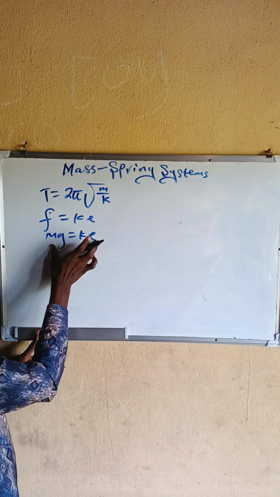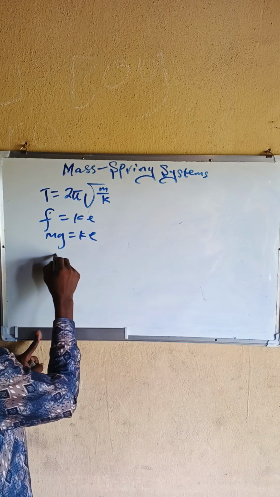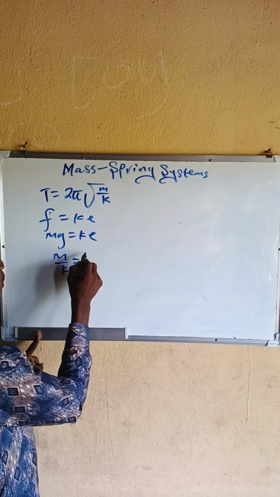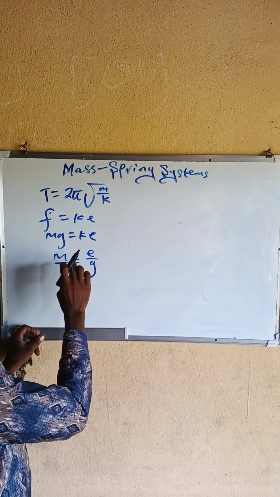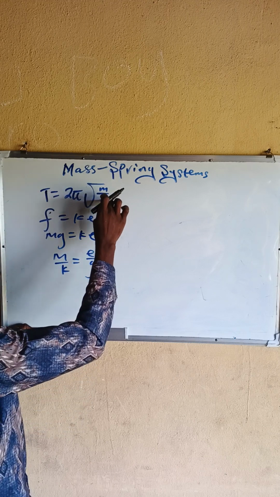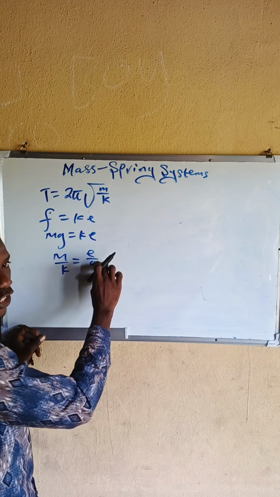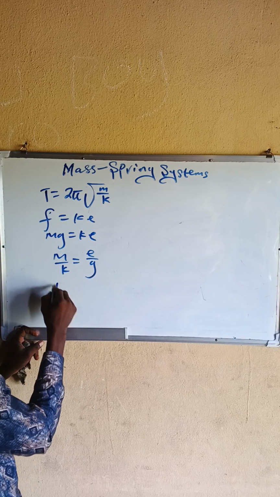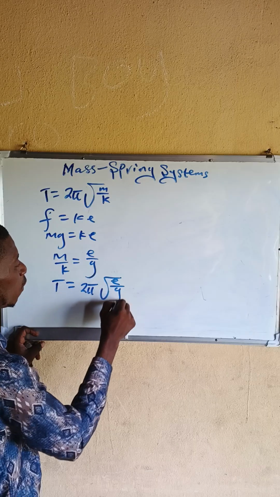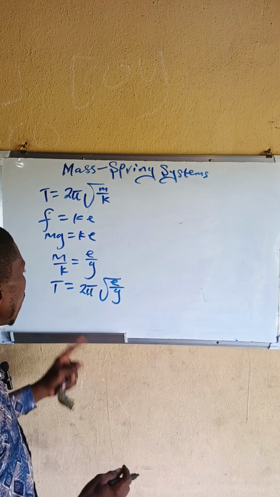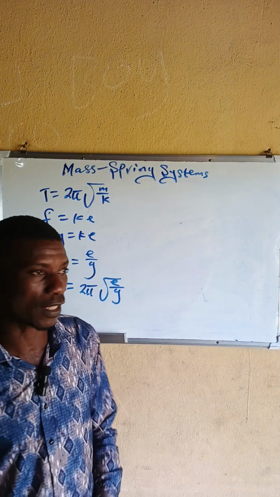So the whole of this equation can be modified, m over k gives us e over g. Wherever I see m over k, I'm going to plug in e over g. So the period of oscillation becomes 2 pi root e over g. Okay? So that's the period of oscillation for this experiment.